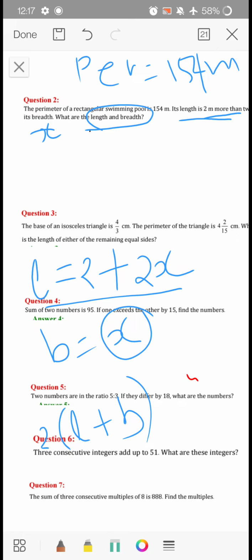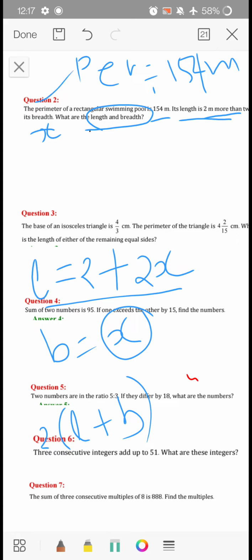Now I have the value of the perimeter, I have the length also, and I have the breadth also. So let's put it in this formula, and we will get the answer. Again I am explaining how to form the equation. The perimeter of a rectangular swimming pool is 154 meter.